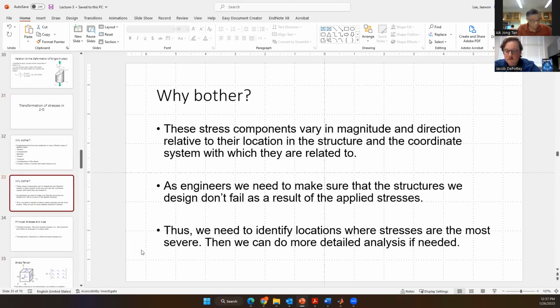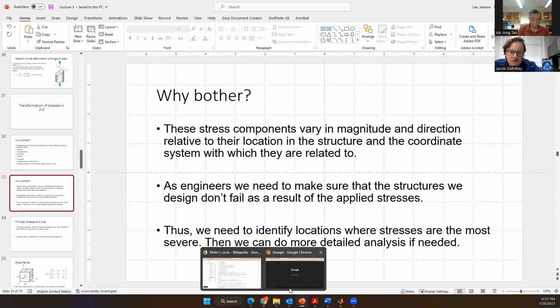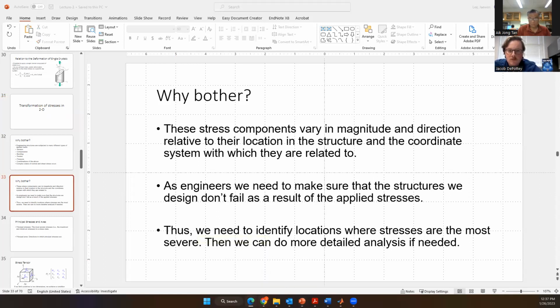So we can design the materials and structures under applied load or stress. Honestly, I would like to share one example.